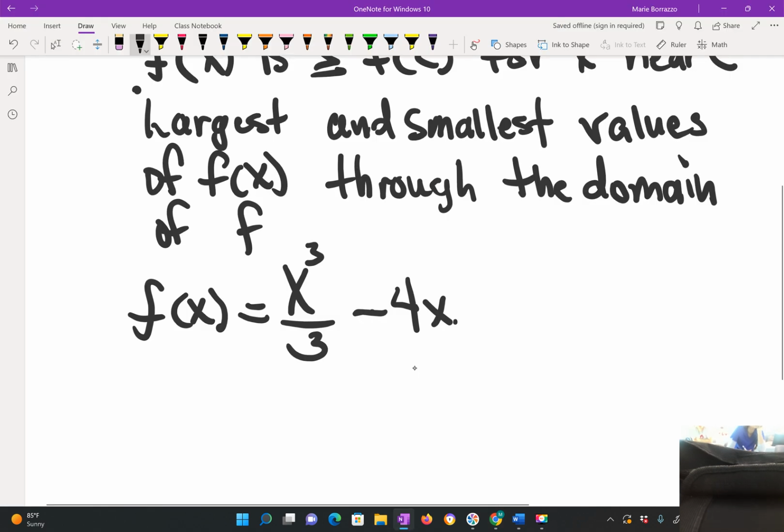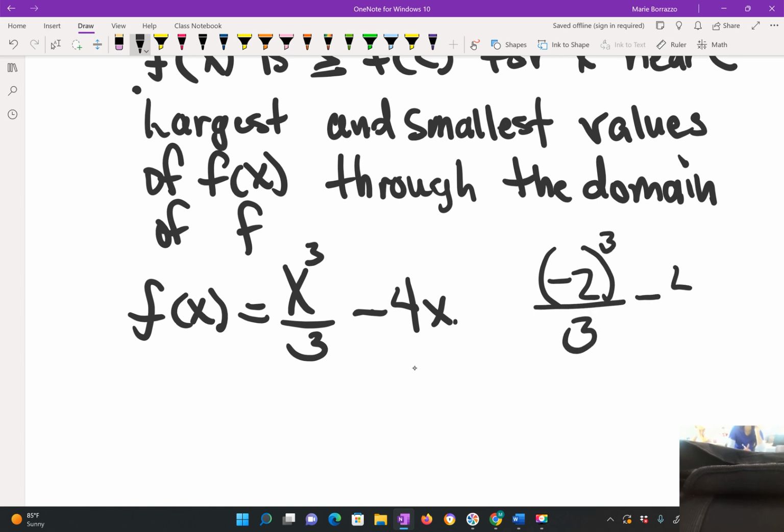In essence, all you're doing once you solve for this, in this case, we have negative 2 cubed over 3 minus 4 times negative 2. So that's analyzing the value. So like I said, this was f of negative 2, a local maximum.